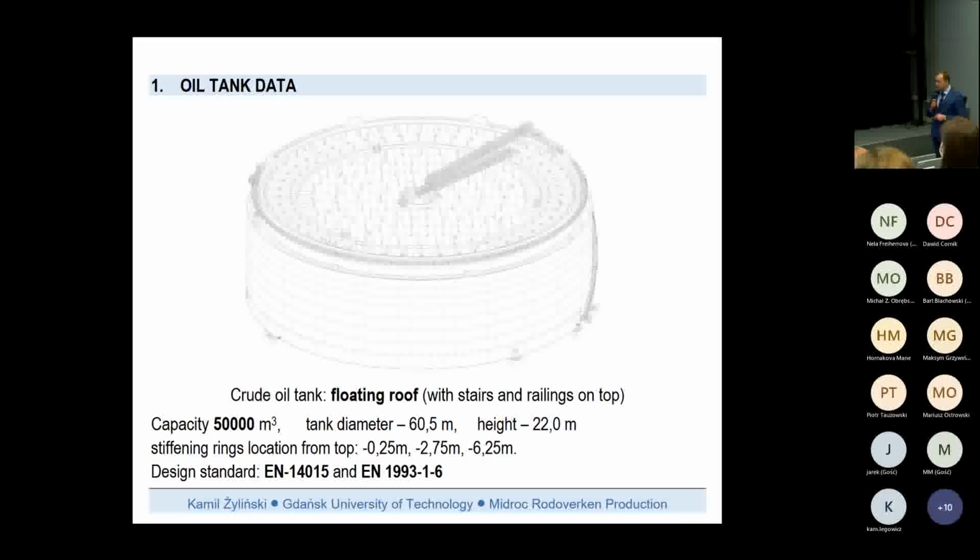Okay, so the first example is an existing tank which was built many years ago, and it is equipped with a floating roof and some other apparatus like stairs and so on. And its capacity is quite huge because it's 50,000 cubic meters.